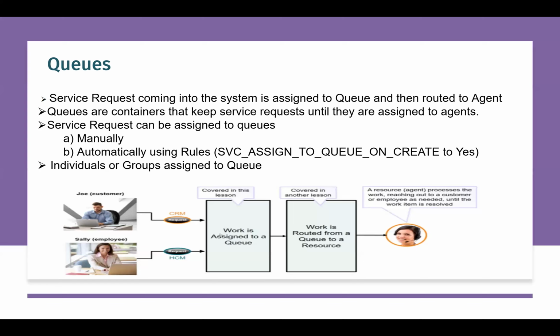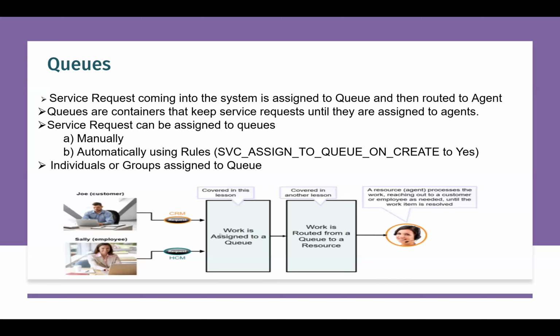The US region queues will be assigned to the team of US, maybe in different time shifts. Like this, we can create different queues, categorize them, and then assign the work to the queue members.